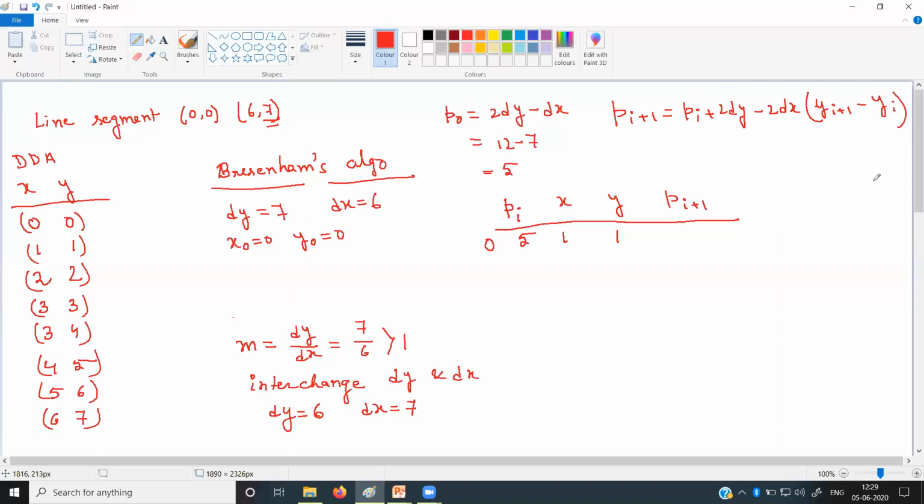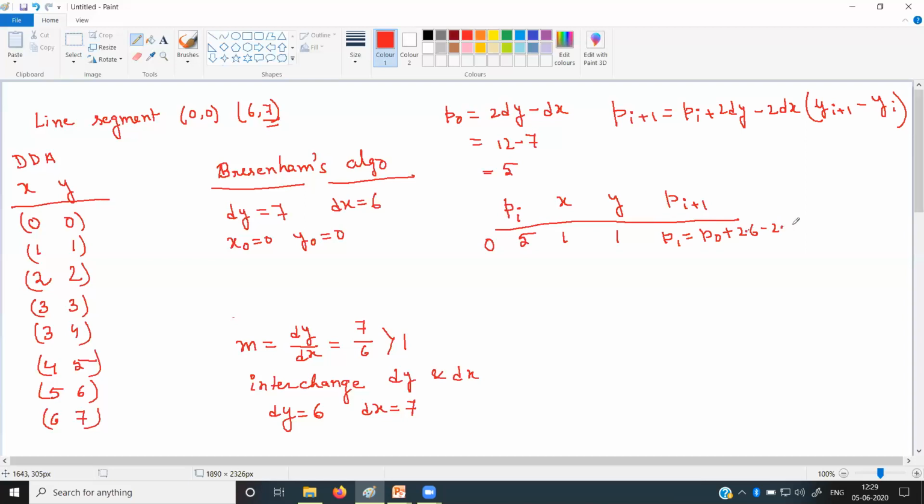Okay. So here we have to compute the p1. So how can we compute the p1? P1 is equal to p0 plus 2 dy. What is the value of dy? Dy is 6. 2 into 6 minus 2 into dx.